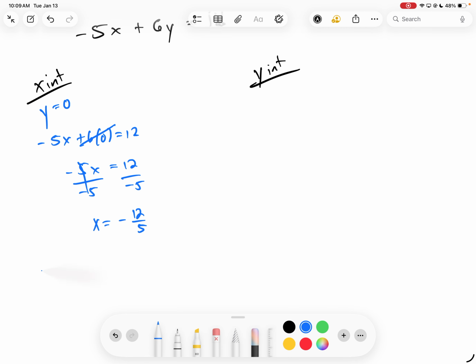Alex will let you put the answer in with the negative in front of the fraction, like negative 12 over 5. Technically, it's the same thing if you put the negative in the denominator like it's written right here, but Alex won't let you put this in because it's not the proper way to say it. Though actually, this is the only true proper way to say it, because it is negative one number, 12 over 5, right?